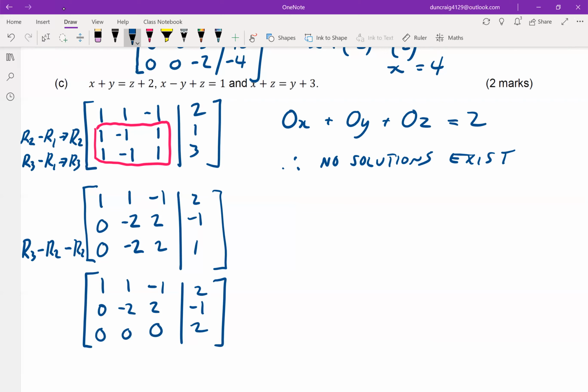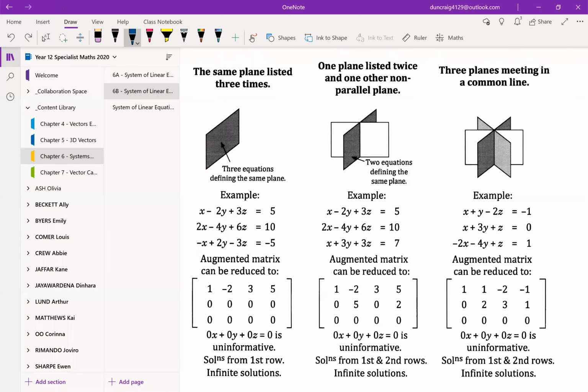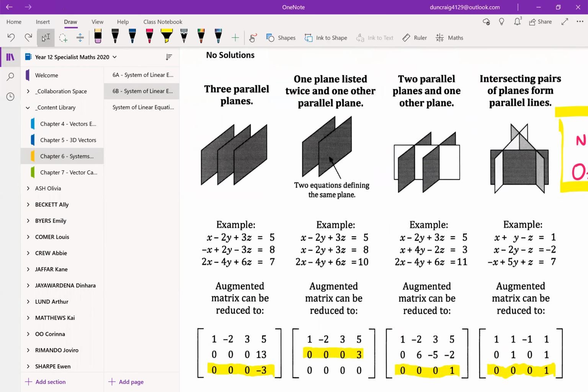And now I've got to think about, well, what could that possibly be? I'm going to come back to that previous lesson for where we have no solutions. So essentially what we want to see is if any equations are scale factors of another.